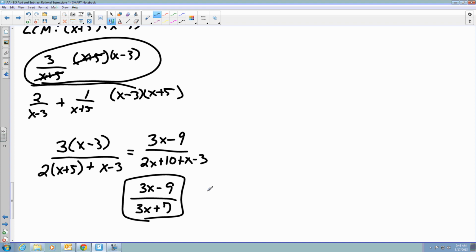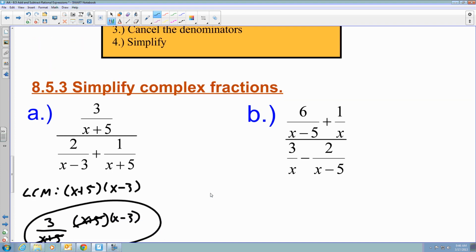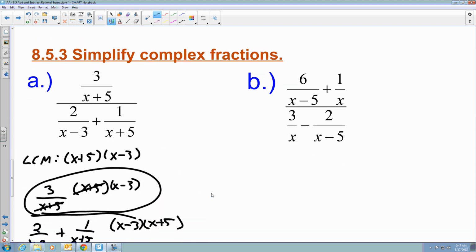Another way to solve it is to find the common denominator in each individual fraction.